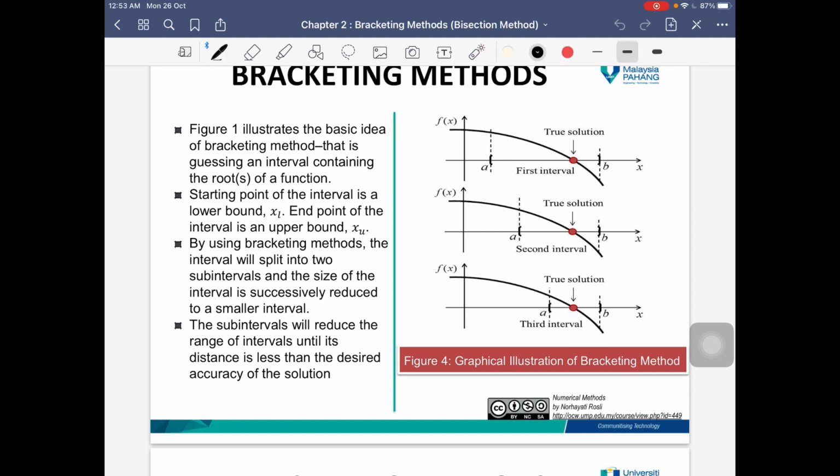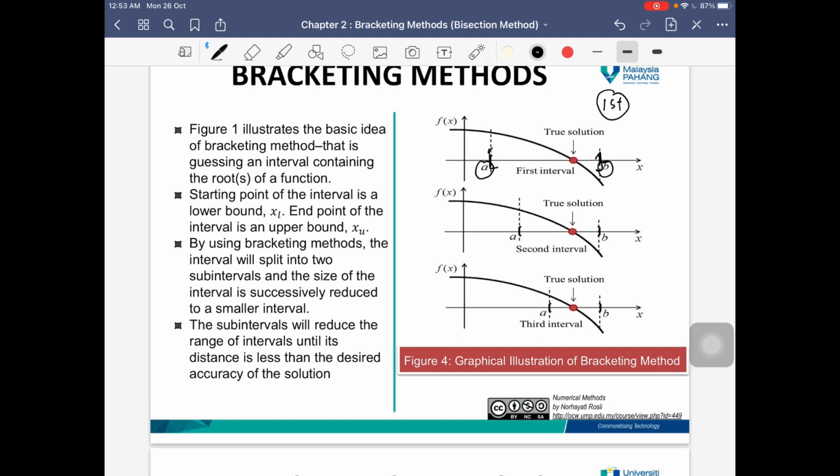First, to start using bracketing methods, we must have the lower limit and also the upper limit, where the lower limit and upper limit always bracket your roots.